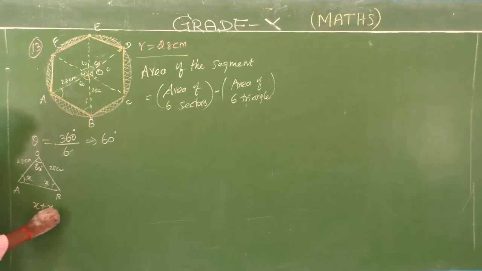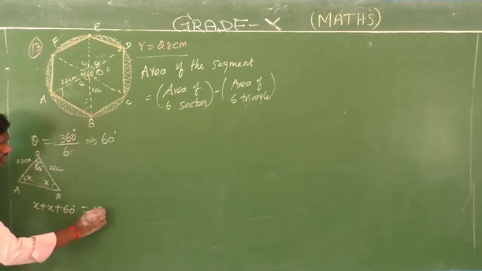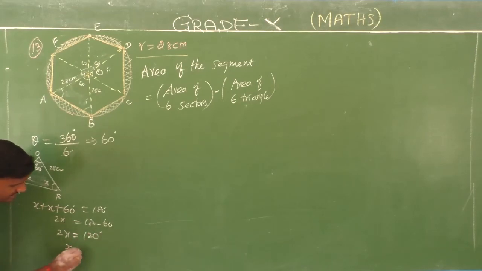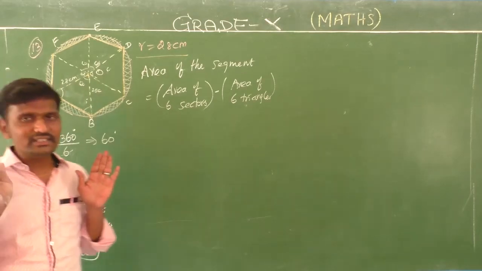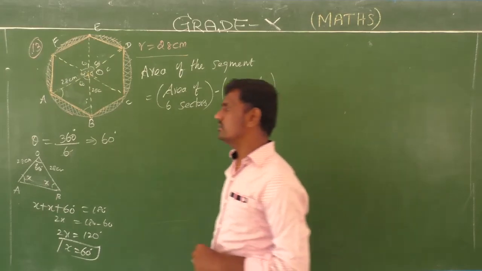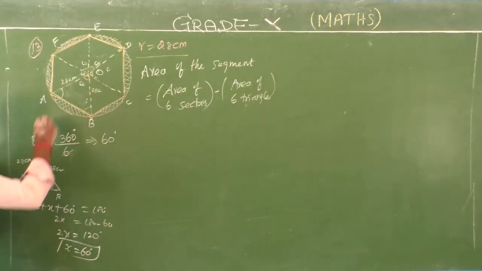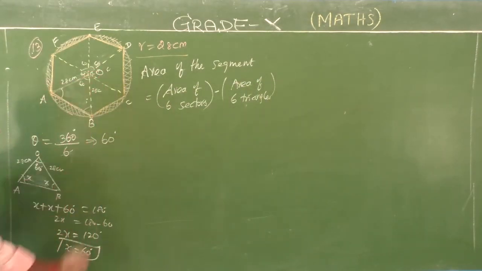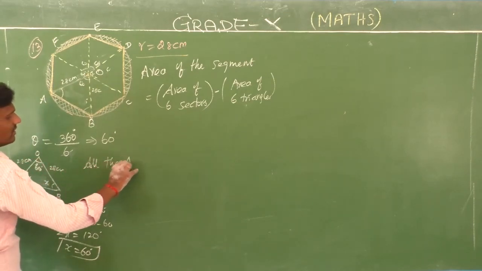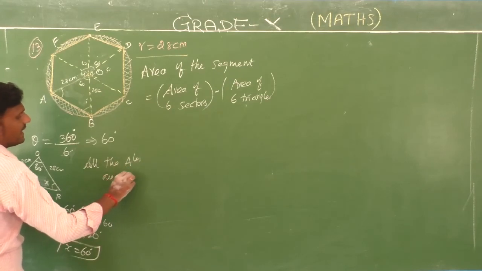So x plus x plus 60 is equal to 180. Now 2x equal to 180 minus 60, so 2x equal to 120, x equal to 60 degree. So from this concept, we have concluded all the angles are equal and the sides are also equal. So all the triangles are equilateral.